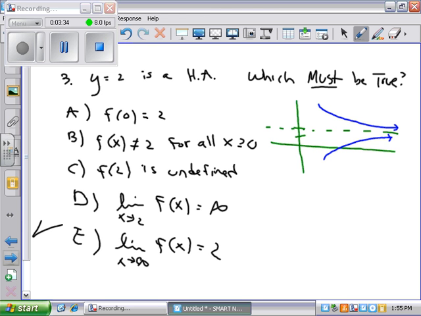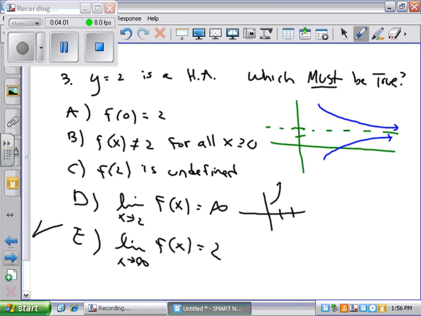For a vertical asymptote, the denominator is 0. If you look at what D says, it says the limit of the function as x approaches 2 is infinity. That would mean that for D, there would be a vertical asymptote at 2, because what this is saying, as the x's approach 2 from either side, the y's are approaching infinity.